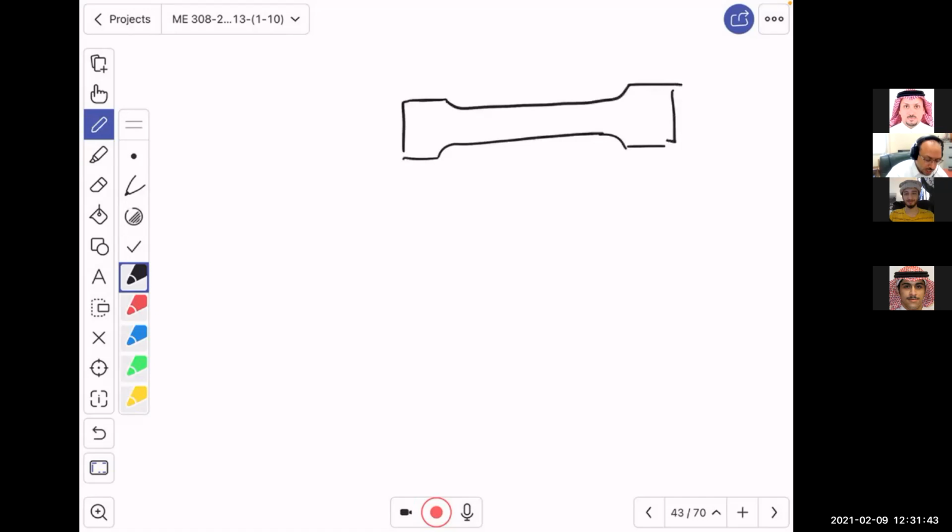ASTM says, in order to secure repeatability of your results, you need to do like 5 to 6, sometimes 8 tests, just to make sure that you are almost getting the same result. So you machined like 8 samples or 20 samples. You gave them to the machine shop and they machined them.